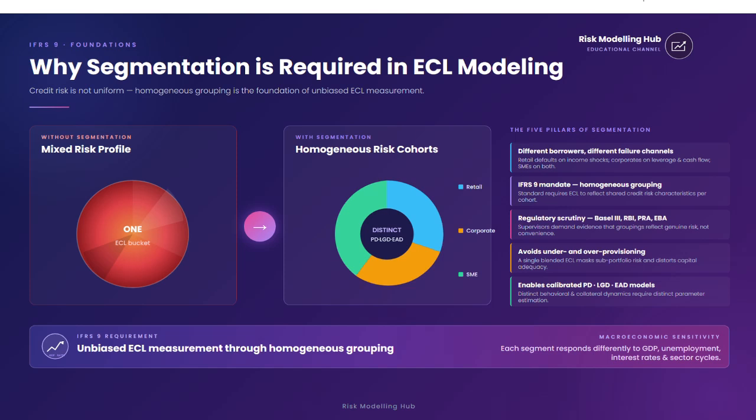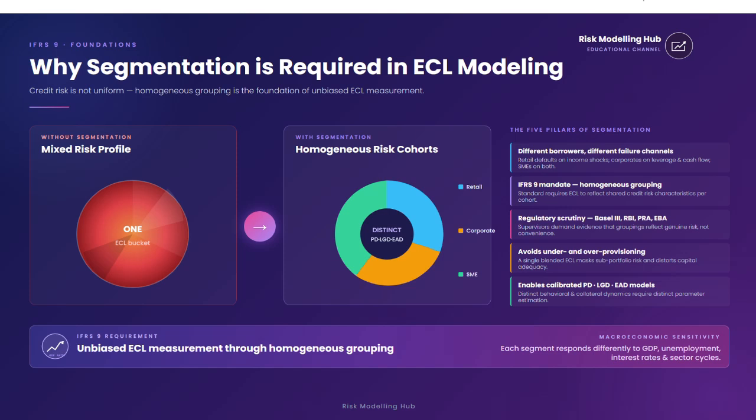You would have retailers, corporations, and small businesses all lumped together. This creates a misleading average that doesn't reflect the true risk of any single group. But with segmentation, we have homogeneous risk cohorts. By separating the borrowers into distinct groups, retail customers, corporate accounts, and small to medium businesses, you create homogeneous cohorts. Each group now has similar risk characteristics and failure patterns.